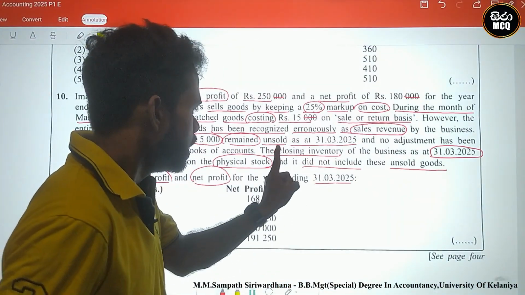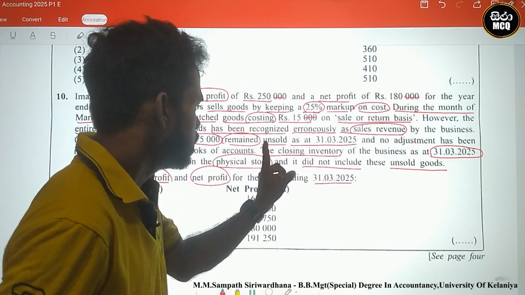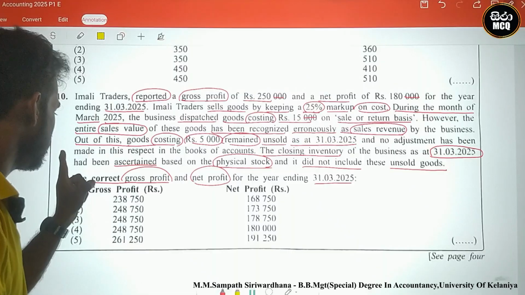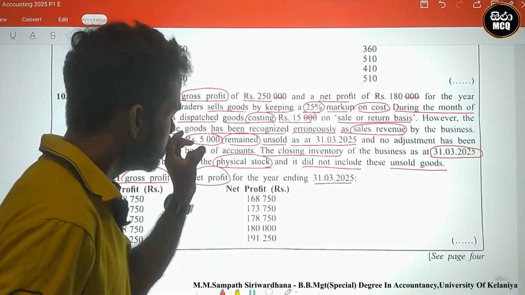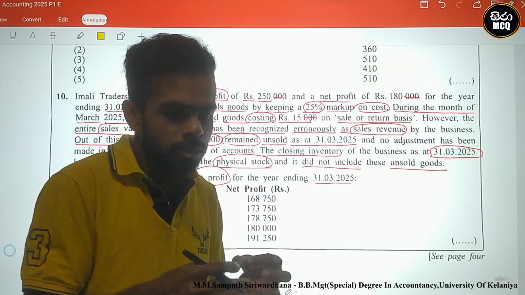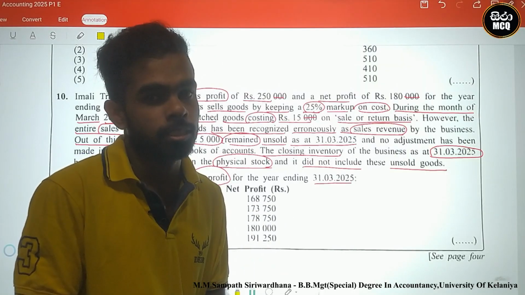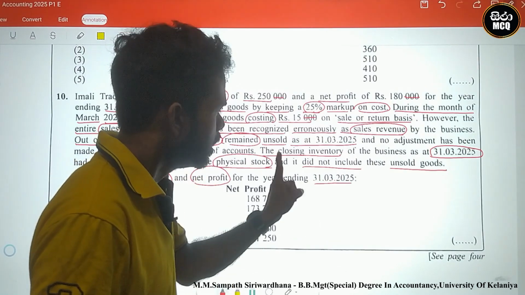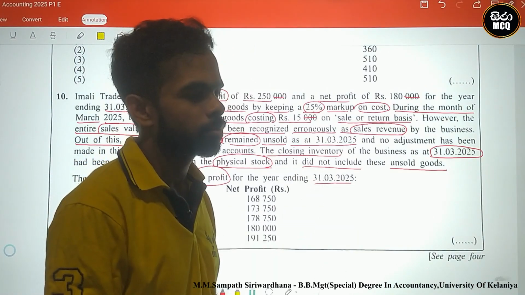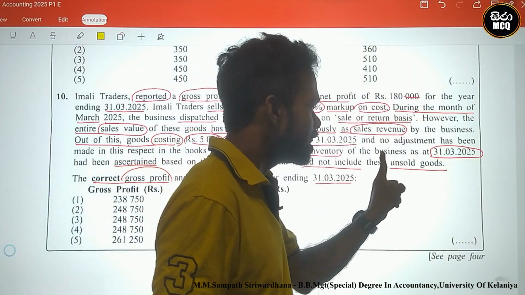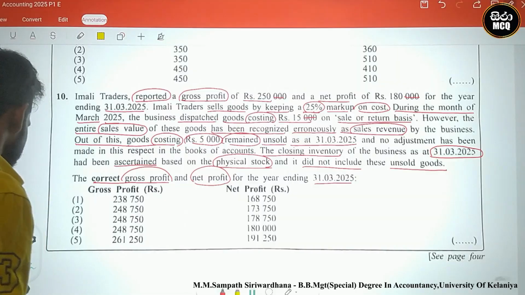Look here, the closing inventory of the business as at 31st March 2025 had been ascertained based on the physical stock. Physical stock means counted stock in our business, and it did not include these unsold goods. Why?